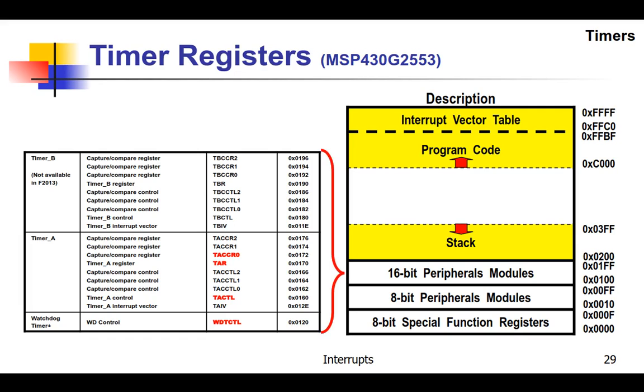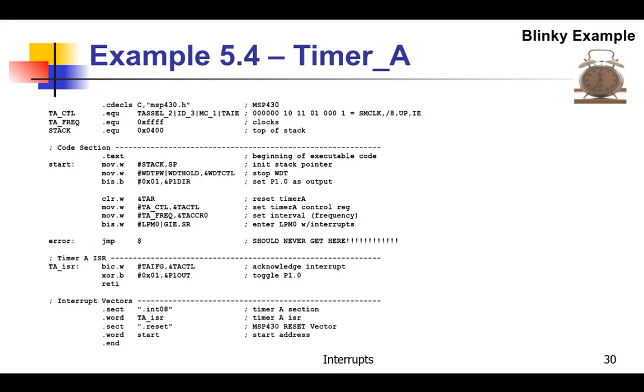There's TACCR0 that it counts up to, and there are some other control registers that you can set as well. There's the timer A control register, and the same kind of things for the timer B control register, and you can see there are some registers for the watchdog down there too, fewer registers though.